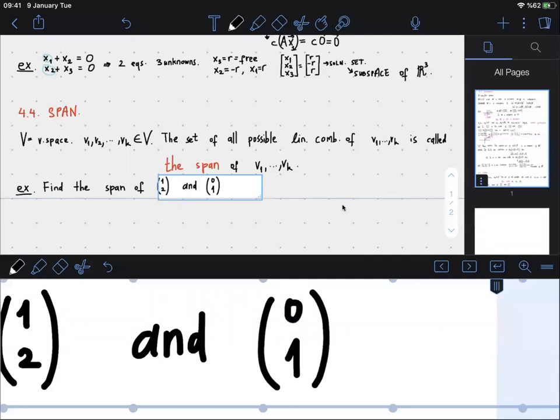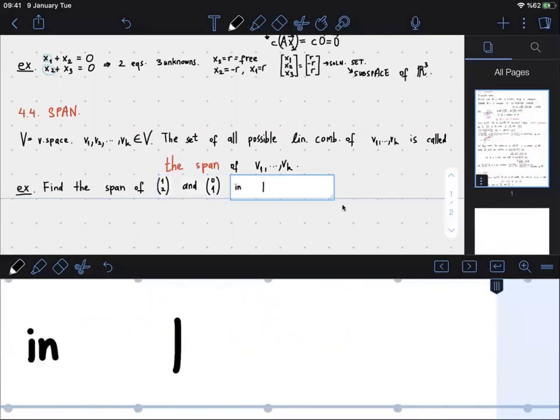So these are vectors in R2, vectors in the plane.